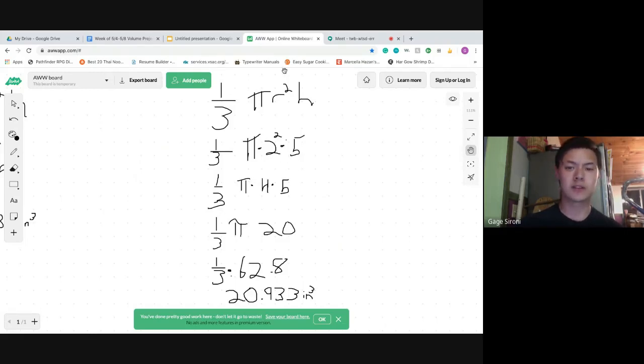So when I plug those numbers in their respective places, 2 for radius, 5 for height, I get 1/3 pi times 2 squared times 5, which simplifies down eventually to 1/3 pi times 20. Pi times 20, remember pi is 3.14. So 3.14 times 20 is 62.8. 1/3 of 62.8 is 20.933. Just another thing to be aware of, multiplying by 1/3 is the same thing as dividing by 3.